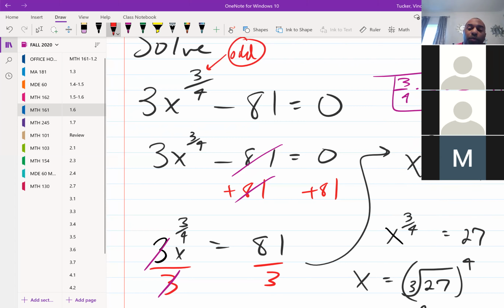So now if you look at the process, what we need to do is take the inverse or the reciprocal of 3/4 and raise that to both sides. So I'm going to raise this to the 4/3 power and do the same thing here.